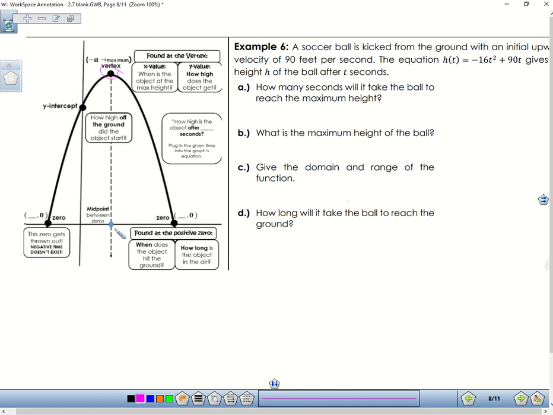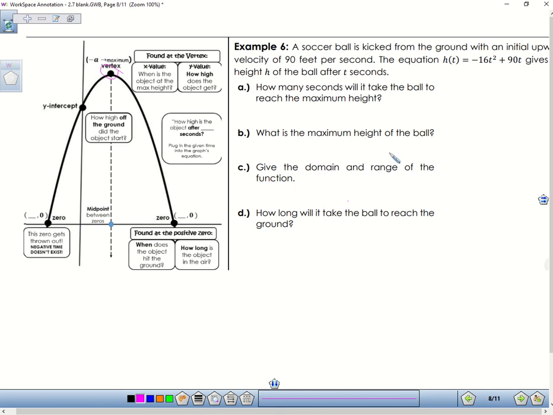The x-coordinate of my vertex tells me the time at which my maximum height occurred, and the y-coordinate of my vertex tells me what the maximum height actually is, like how many feet it is. We want to know what time it will reach maximum height.